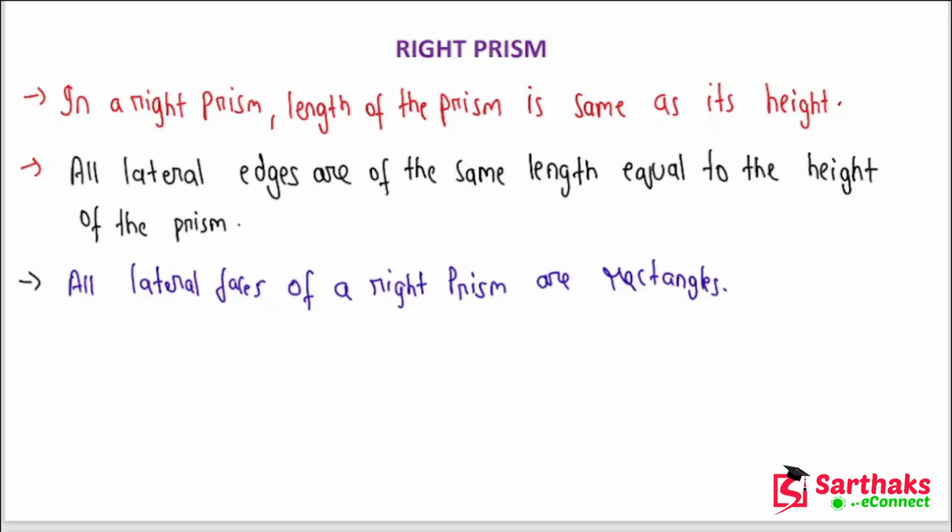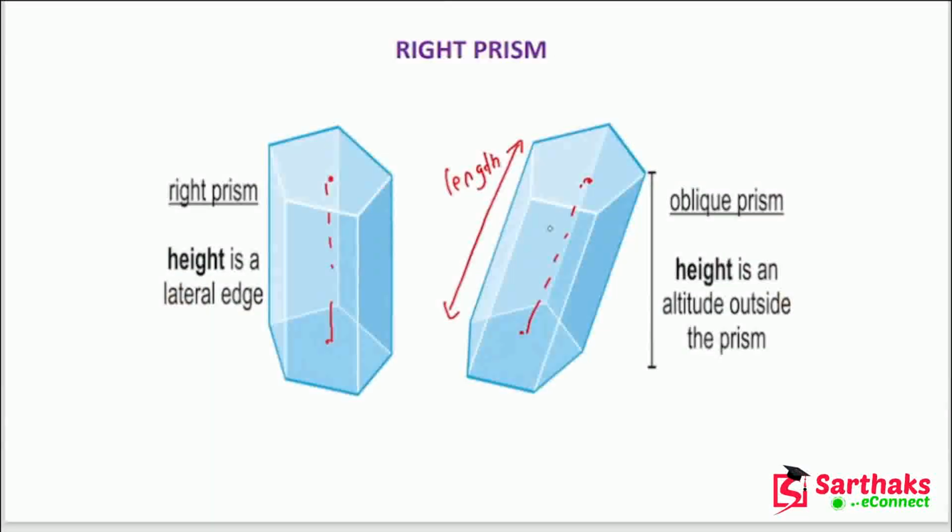If I cross check, and give it a name, let it be A, B, C, D, you can clearly see that in an oblique prism ABCD would not be a rectangle. In the case of a right prism, they must be rectangles. So you can clearly see that these are rectangles.